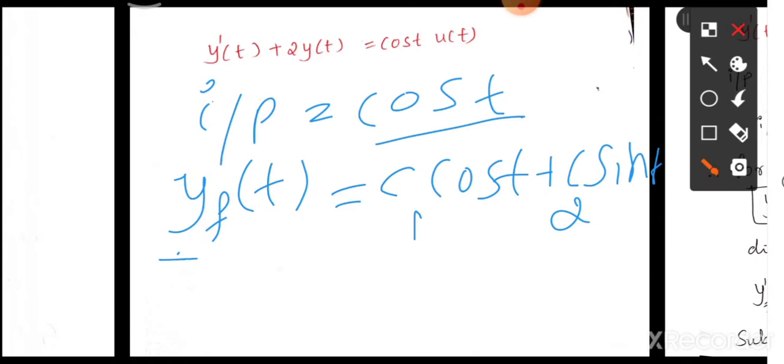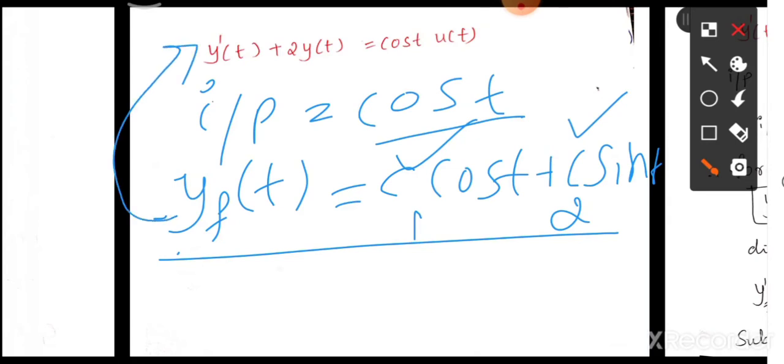Once we have got this equation, what do we have to do? The intention is to calculate c1 and c2. For that we have to make use of the first equation. We have y of t, so take the derivative, y dash of t.